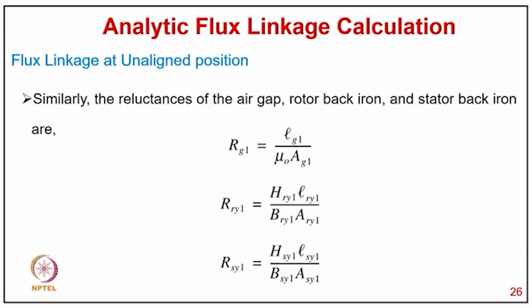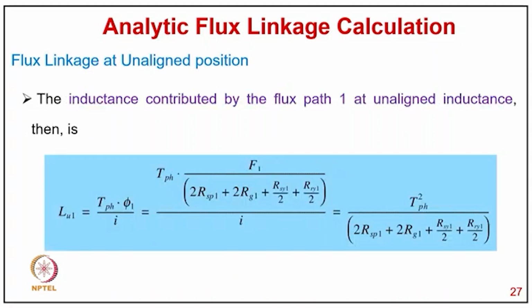Similarly, the reluctances of the air gap, rotor iron and stator back iron are Rg1 equal to Lg1 divided by mu 0 Ag1, Ry1 equal to Hry1 Lry1 divided by Bry1 Ary1, and Rsy1 equal to Hsy1 Lsy1 divided by Bsy1 Asy1.